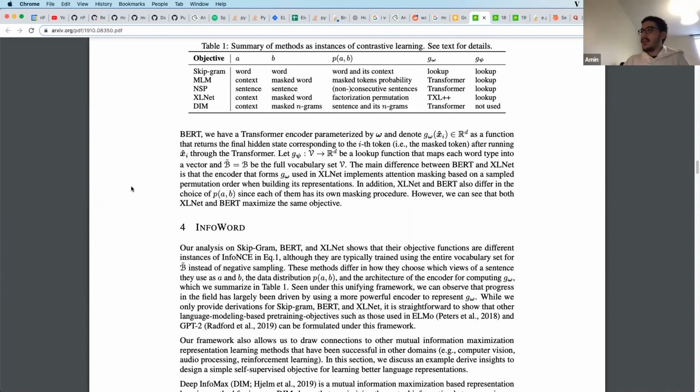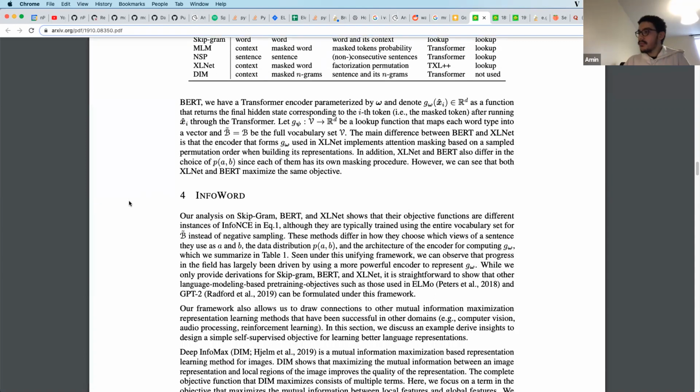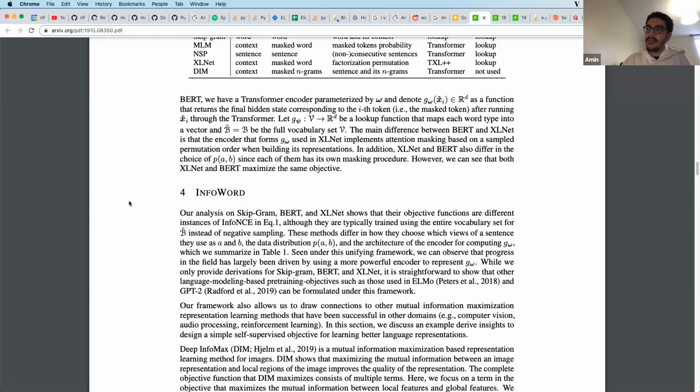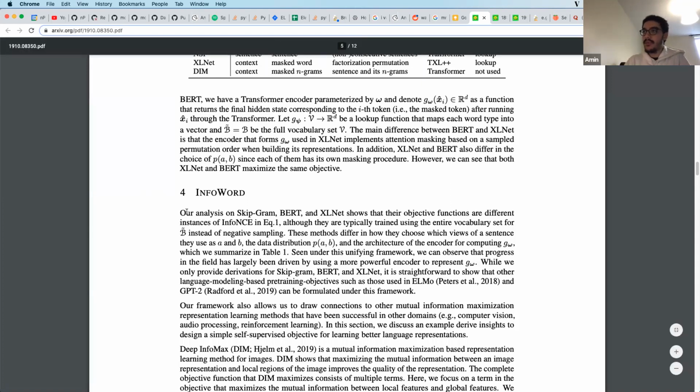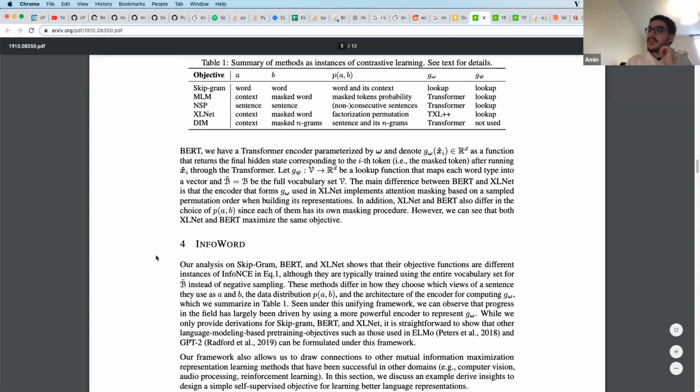Right. So they make the point in this section that the main thing that's driving progress in the models in this framework is the G of omega, so the encoder. That is the thing that has largely driven the progress.